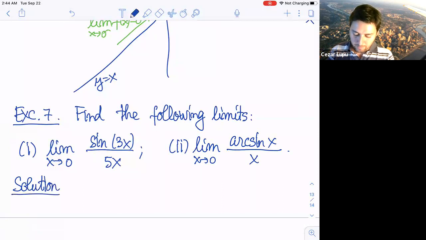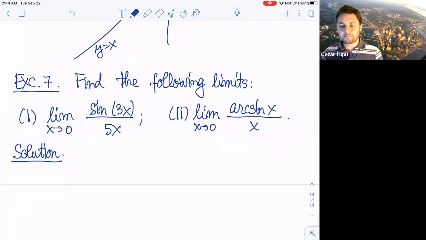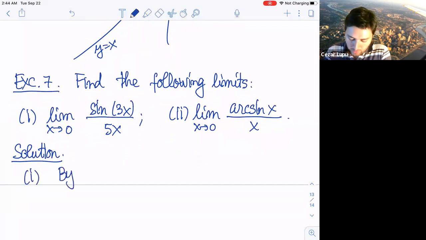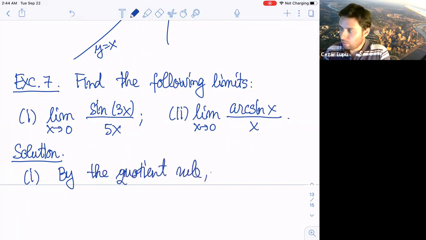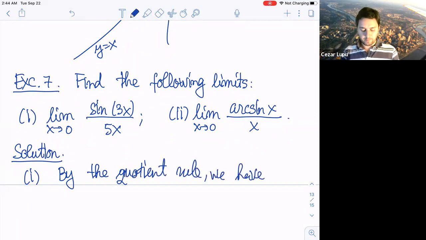Well, in the first one, if we apply the quotient rule, what do we have?